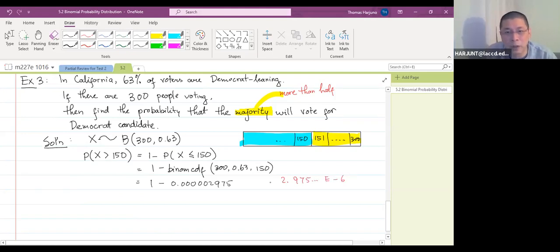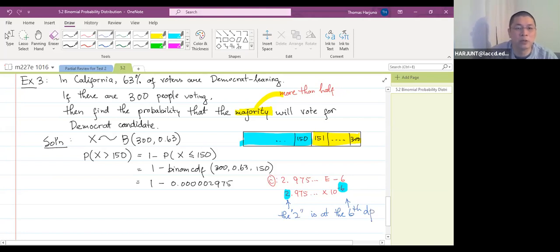That's from the calculator. But in scientific notation, it means 2.975 something times 10 to the negative 6, which implies the 2 is at the 6th decimal place.